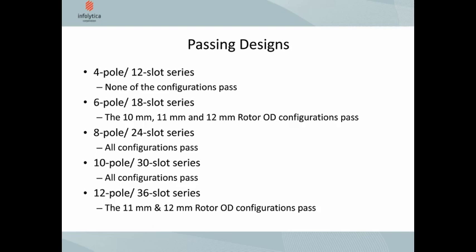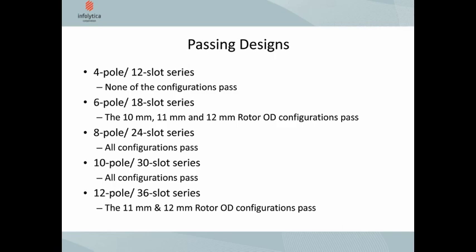With the 6-pole 18-slot, we have 3 machine possibilities which pass. For the 8-pole 24-slot, all of the configurations pass, same as with the 10-pole 30-slot. And with our 12-pole 36-slot, we have 2 machine types, the 11 and 12 millimeter OD, which pass. So with our 3-tiered approach, we have taken our initial 20 designs and whittled them down to 13 possible candidates for our optimum.